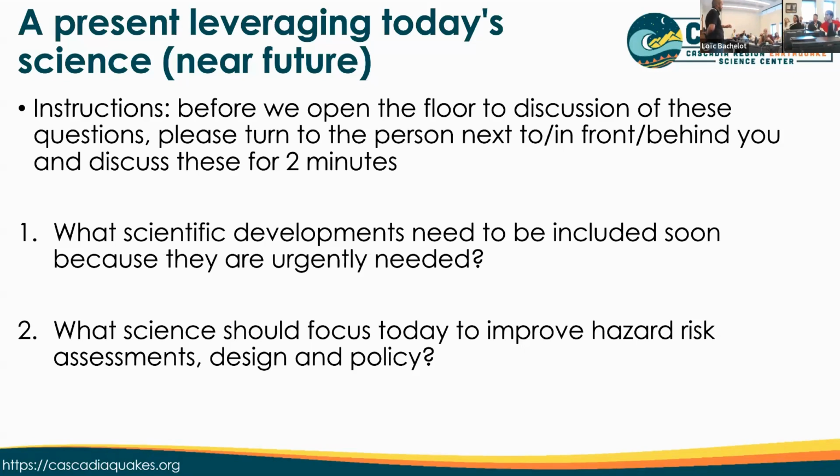Because right now, the most complicated logic tree that we have in the world is Cascadia, and it's because we have a rich data set. And so if we could increase the data that we have for these other tsunami sources, that would help a lot. Are you talking about other subduction zones and their rates and things like that?